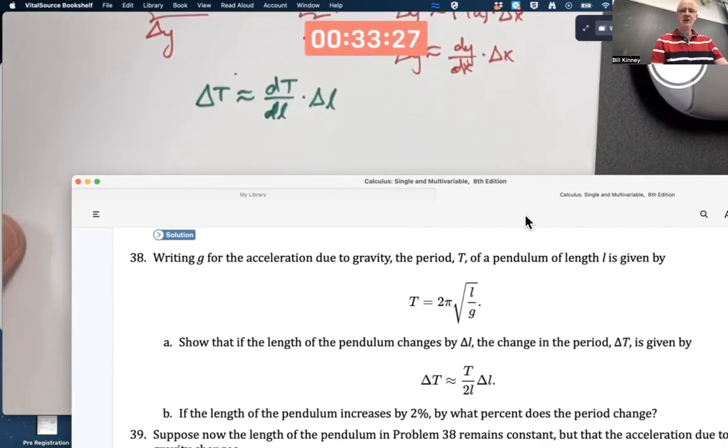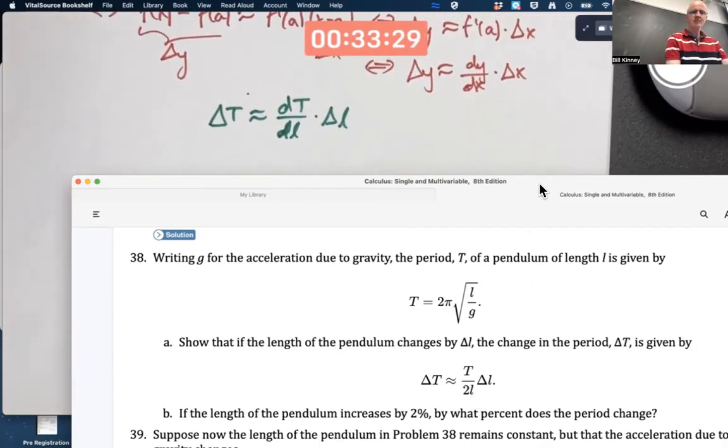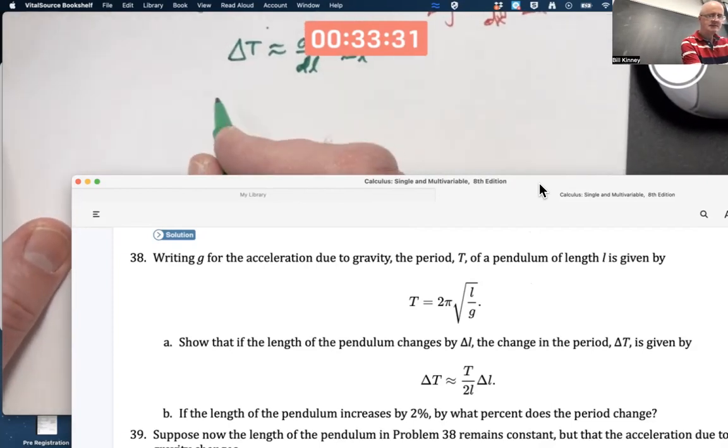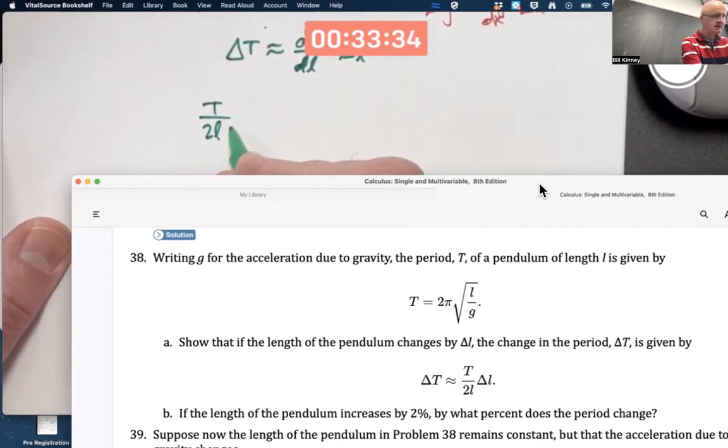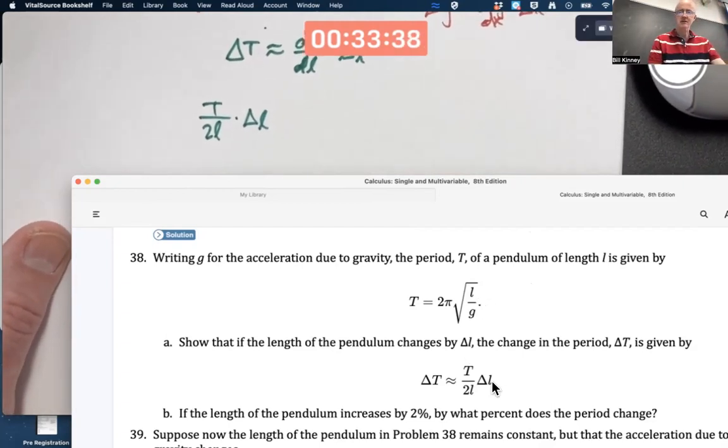If you look at this expression in this problem, T over 2L times delta L, I'm looking down near the bottom here, right there where the cursor is. And you replace T with what it equals.